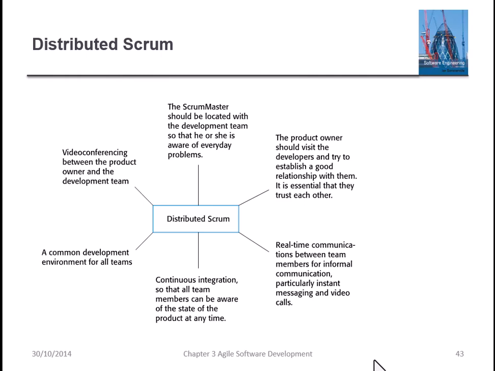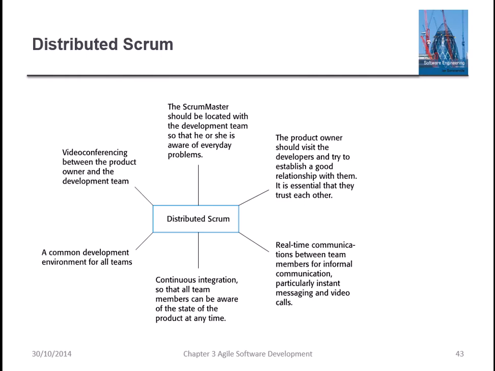So using instant messaging, video calls, and modern social media apps for informal communication, the collaboration among the team, or alternately the Scrum Master with the product owner, increases, and this helps in effective communication.